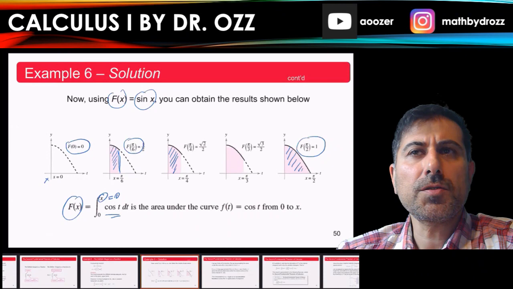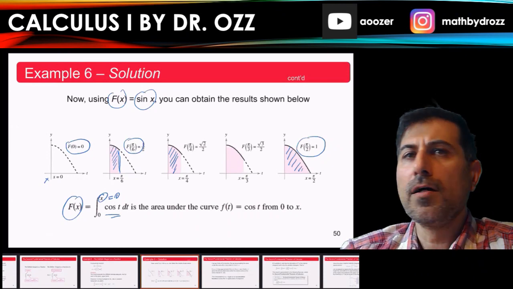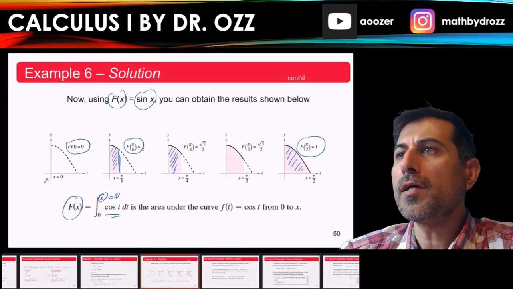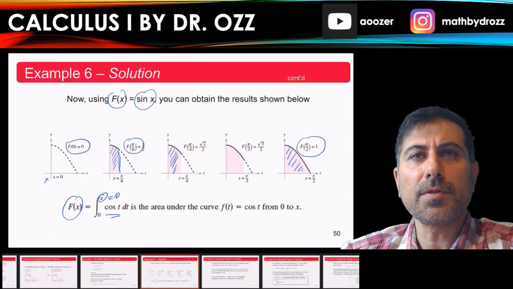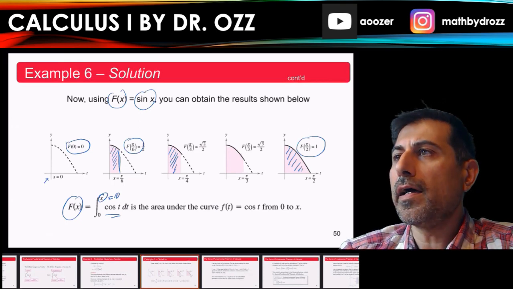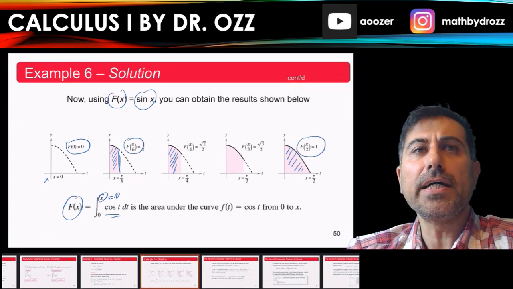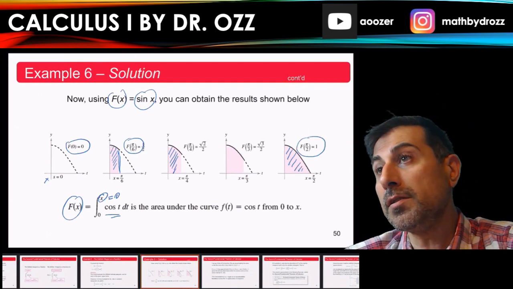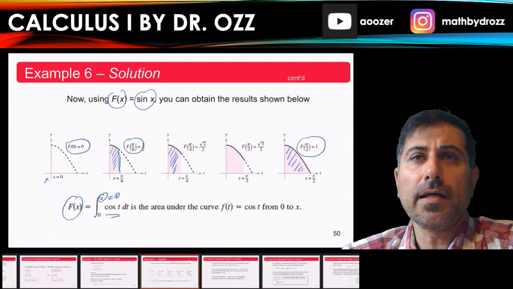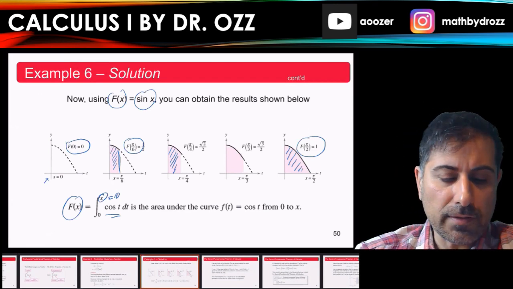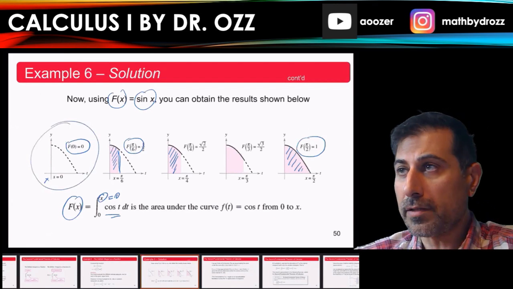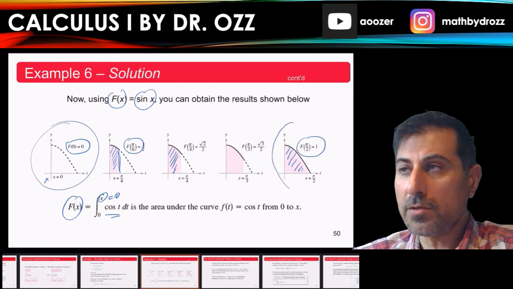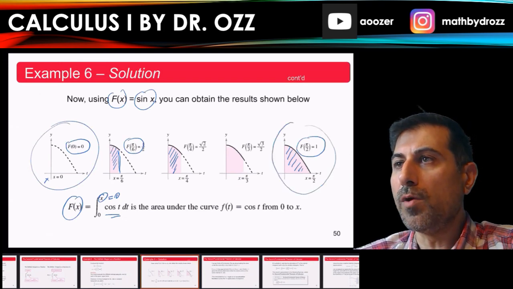Right, so what's really going on here? Well, you can think of the function capital F of x as accumulating the area under little f from t equals 0 to t equals x. And as I said, for x equals 0, there's no area to talk about, and for x equals pi over 2, the area is 1.